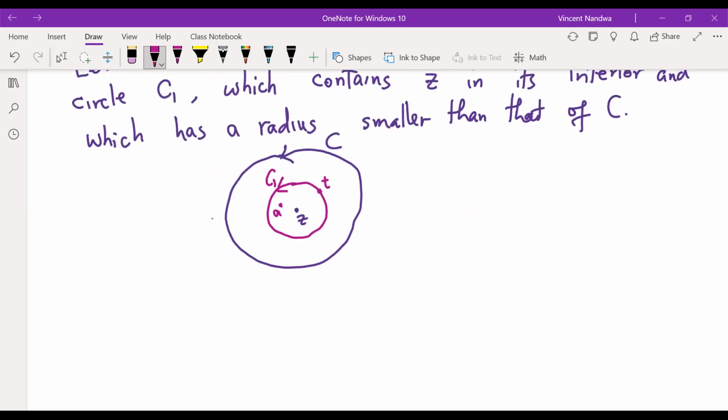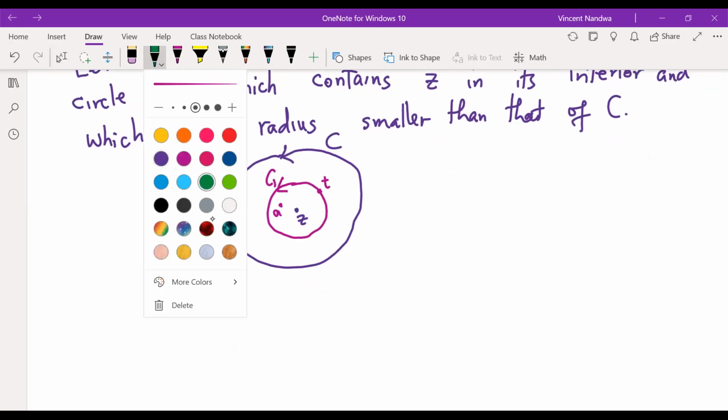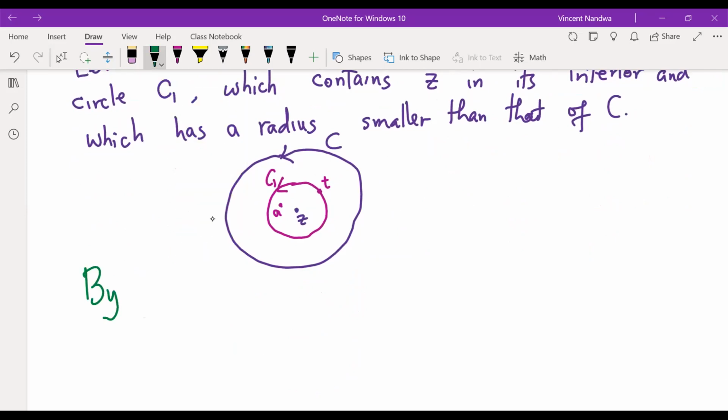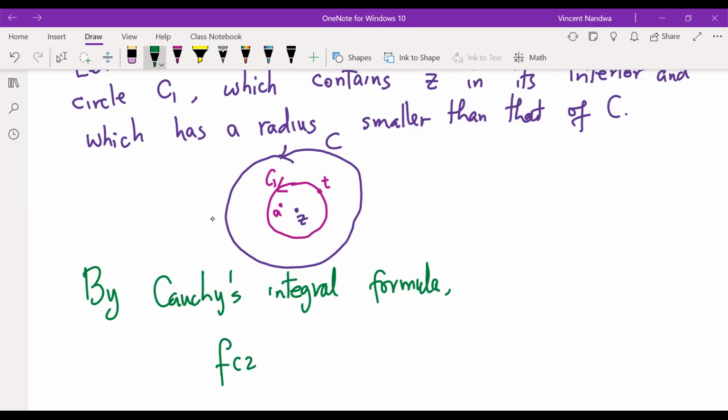Then by Cauchy's integral formula, we know that f of z is given by 1 over 2 pi i times the integral along C1 of f of t divided by t minus z, dt.